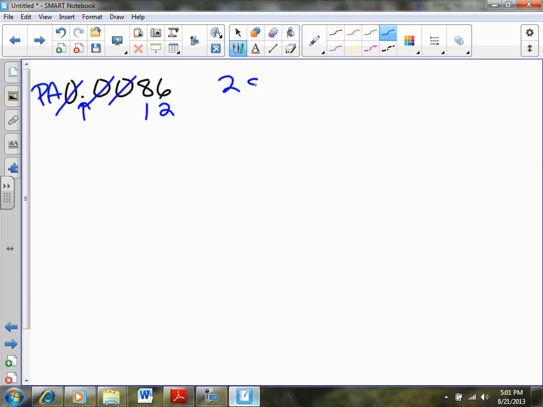This has 2 sig figs. Conversely, if you want to use the leading zero rule, each one of these zeros is considered to be a leading zero. So they don't count. It doesn't matter which rule you use, you still come up with the same answer. So 0.0086 has 2 sig figs. Let's look at problem number 26.